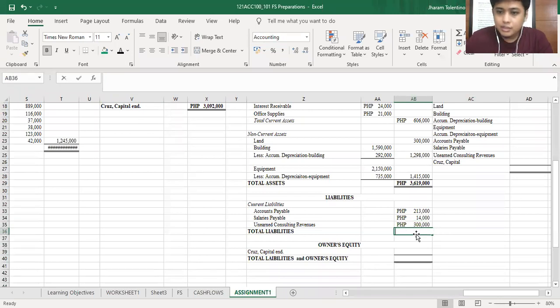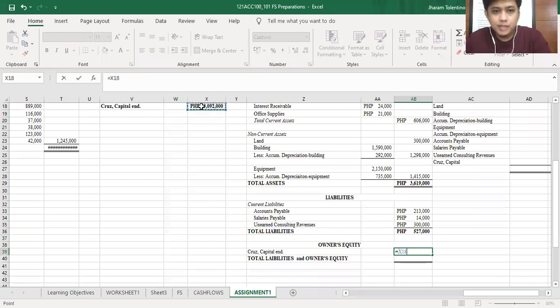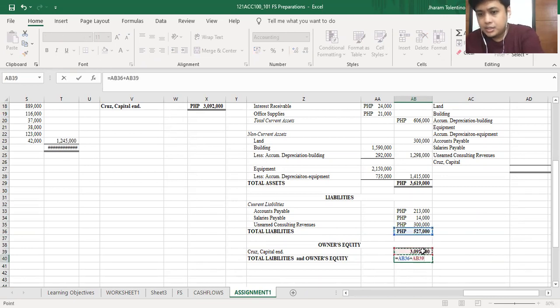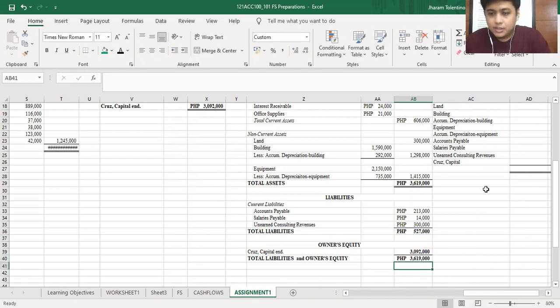Okay. So, we have equal sign. Then, the capital. Kung ano yung na-compute natin na capital dito. Ayan. 3,092,000. So, add lang natin yung 3,092,000 plus 527. Yeah. So, we have 3,619,000. So, thank you. Meron lang ako transposition error dito sa equipment.